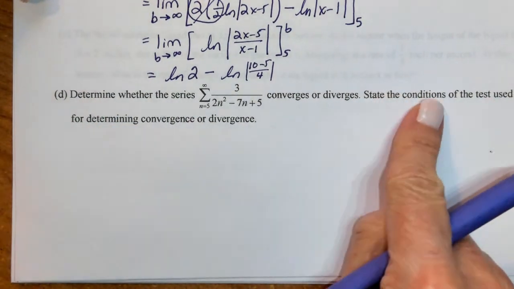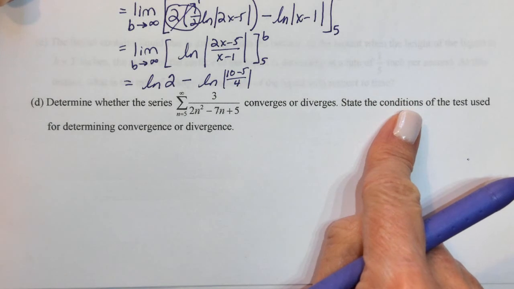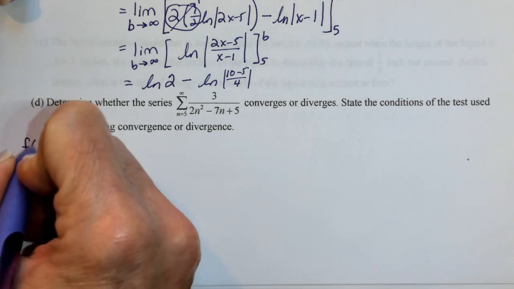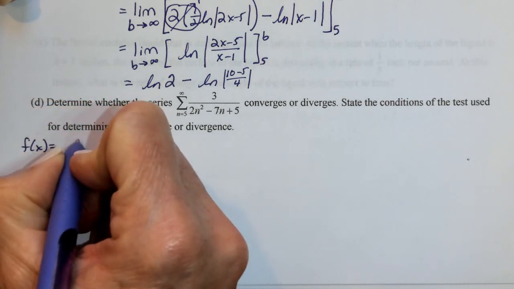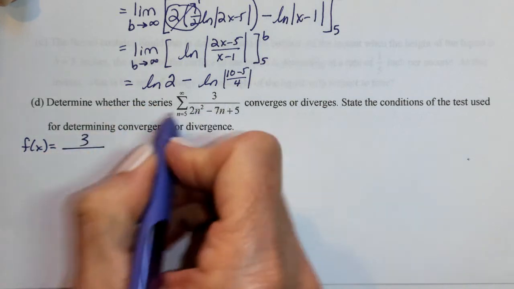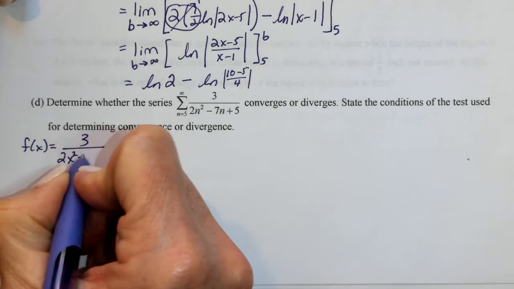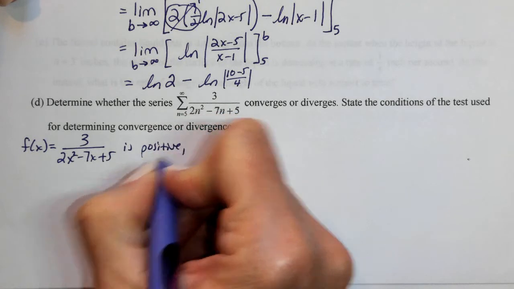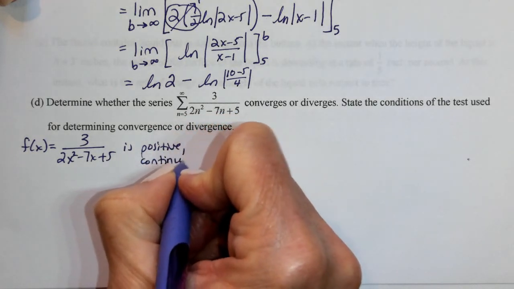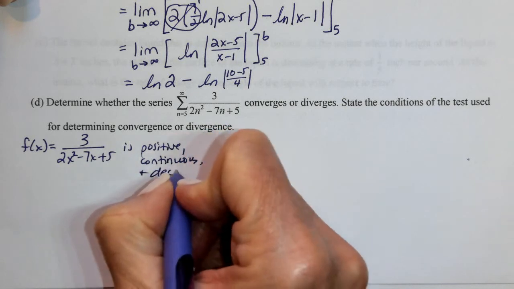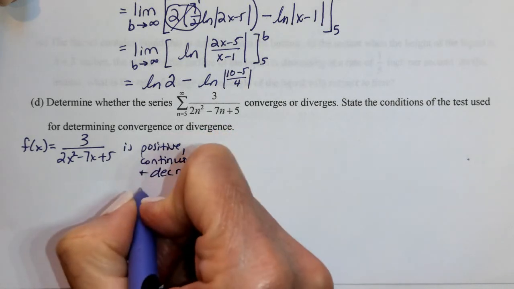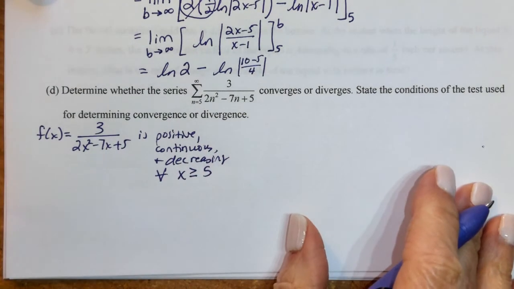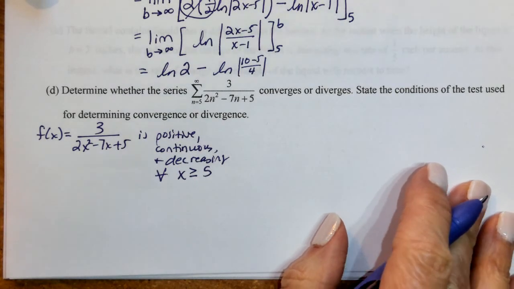So I need to state my conditions. Of course, on an FRQ, always state your conditions. I'm going to say that f of x, the function that we were given, is positive, continuous, and decreasing for x greater than or equal to 5. That's true. We have to state that if we're using the integral test.